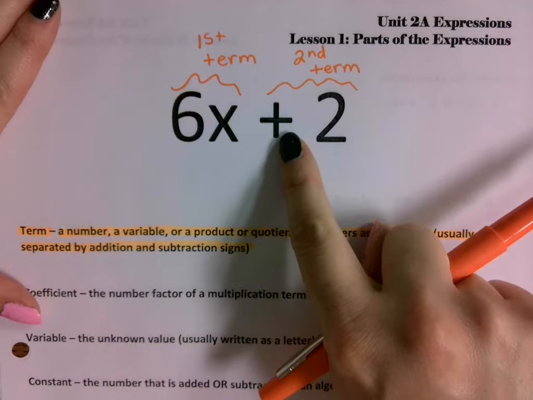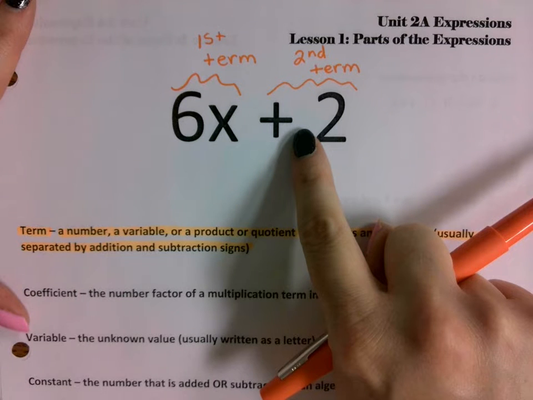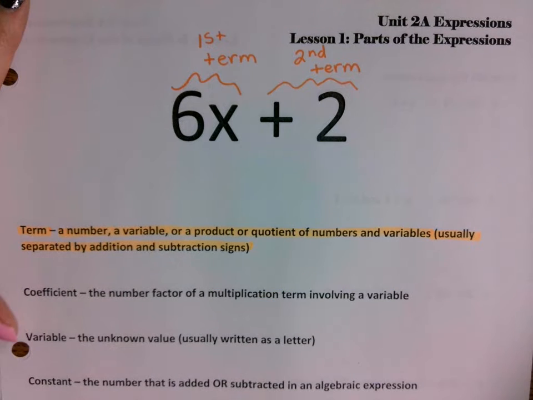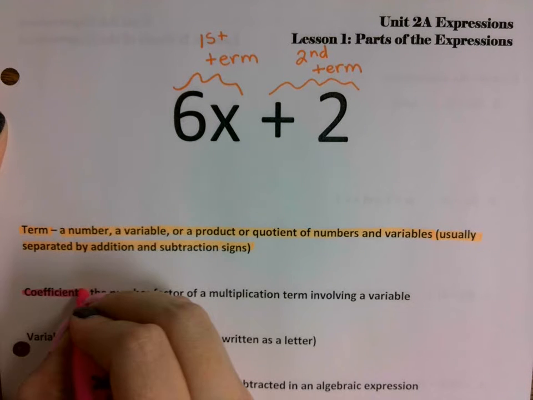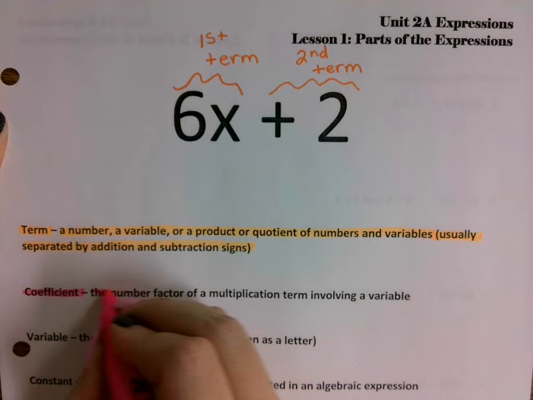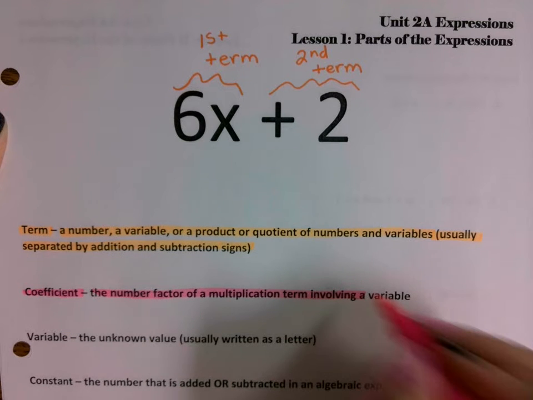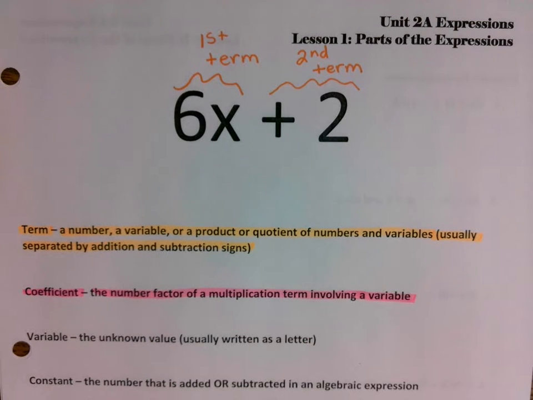All right, let's move on to the next one. Pink. Take out your pink. Coefficient. When we hear the prefix co, think of co-teacher. We have 2 teachers in here, don't we? So co-teaching means to teach together.